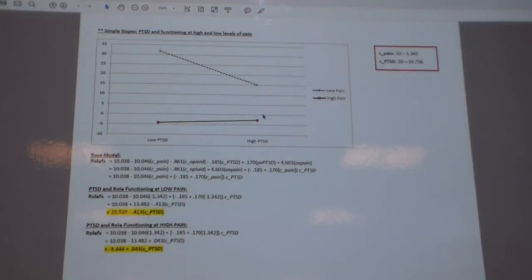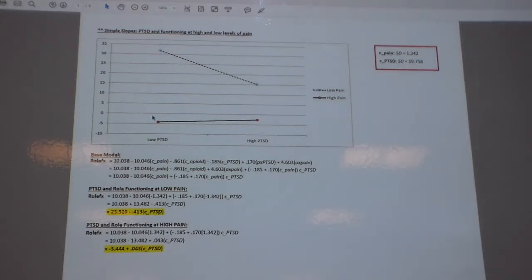And then within these two, I've got my relation between PTSD and role functioning at low levels of pain, and then I just take a standard deviation, say low levels of PTSD is going to be negative 19.75. If I plug that in, I'm going to get this point. High levels of PTSD, it's going to be 19.75.